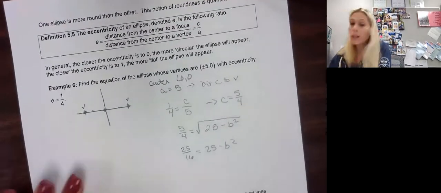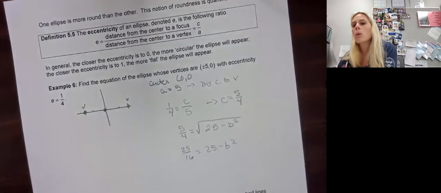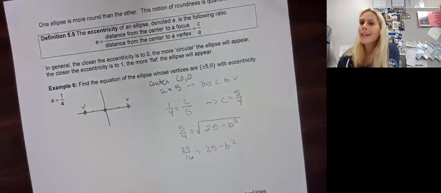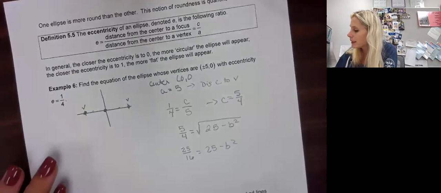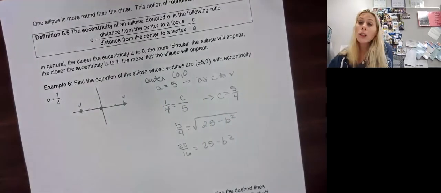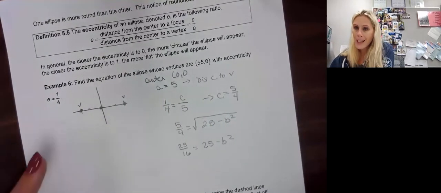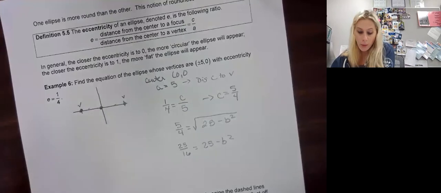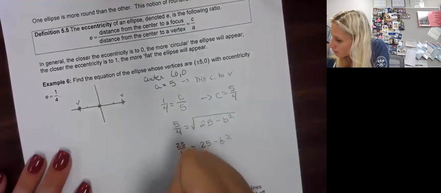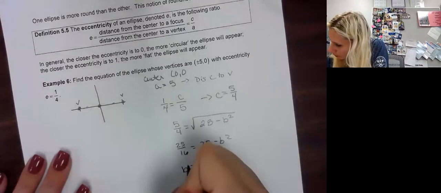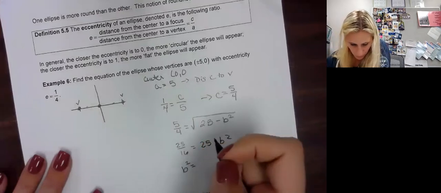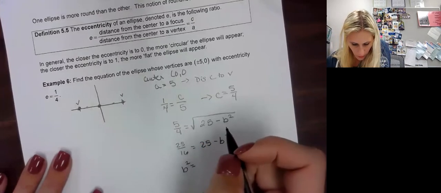I end up getting, don't forget your fractions. If I were to subtract 25 from both sides, I need common denominator, all that stuff, or you can use your basic calculator. Don't forget though to put it back into a fraction because that will help, okay? So we get b squared equals, is that right?